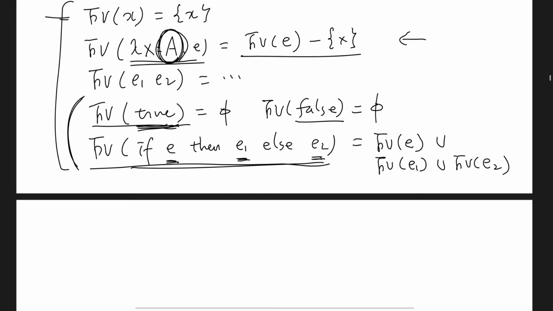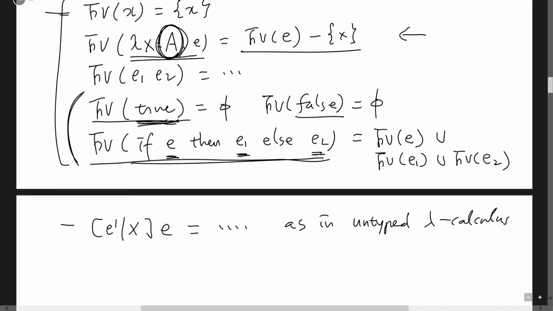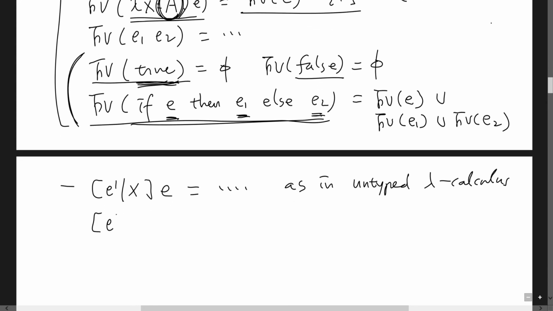So let's simply state that E prime for x in E is almost the same as in untyped lambda calculus, except that we have three new cases. E prime for x in true is true, because you cannot find any variable inside the true. And similarly, E prime for x in false is false.